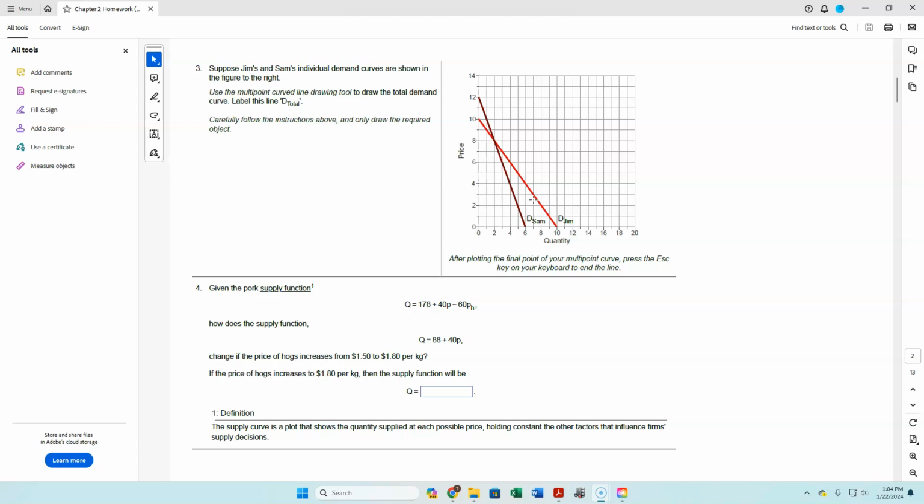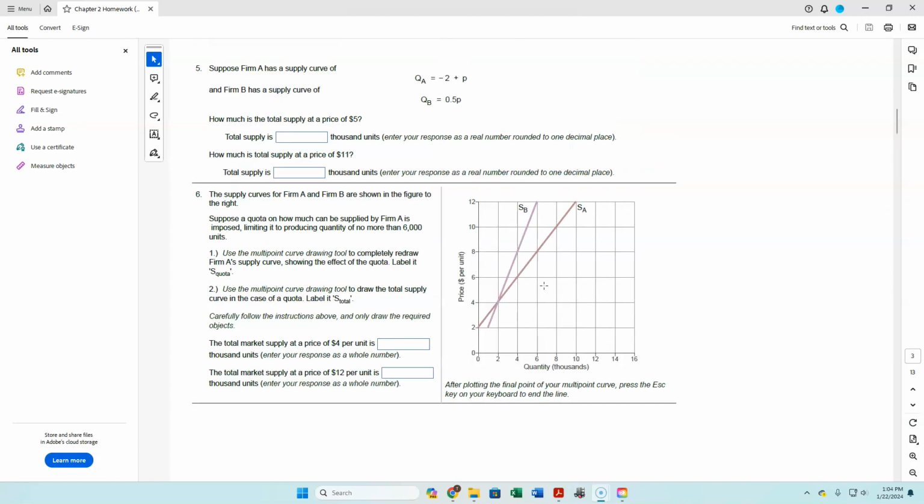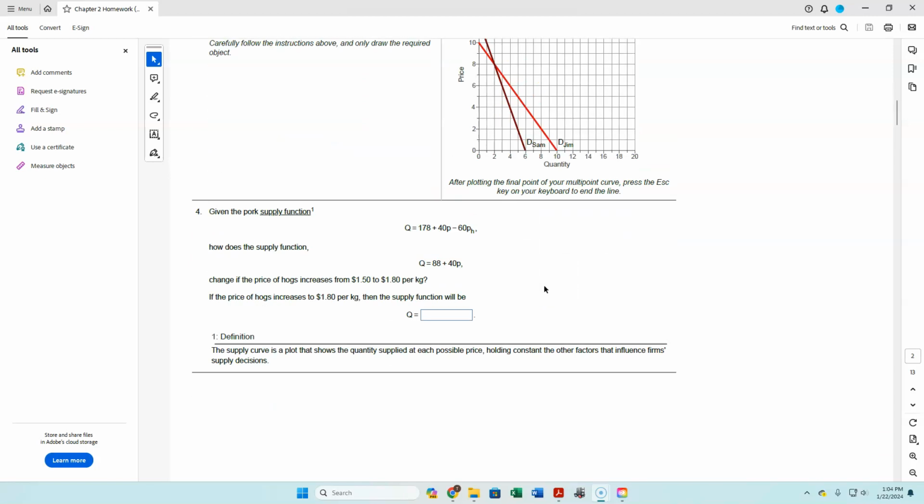For number 4, this one gets a little bit tricky, essentially because it requires that you incorporate the change in the price of hogs into things.